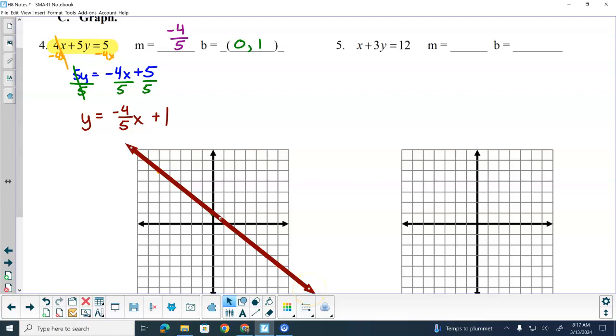And where do our arrowheads go on our line? Off the grid. So make sure we go all the way across, arrowheads off the grid. Using something straight. Love it.